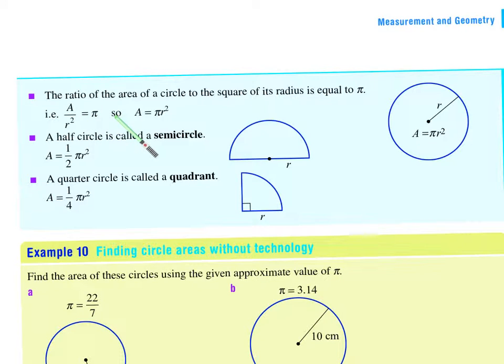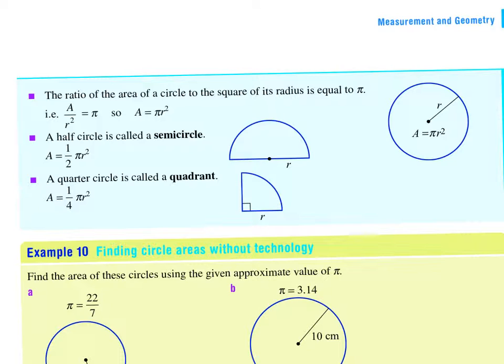So, when you rearrange this equation, which we may have looked at already, we can actually get area by itself on the left here, and then pi r squared by itself on the right. So here we have how the equation of the area of a circle is found. To find the area of a circle, you would use area equals pi r squared.